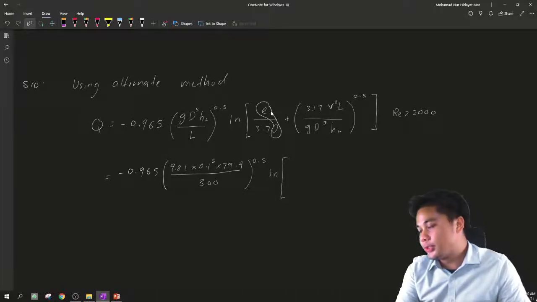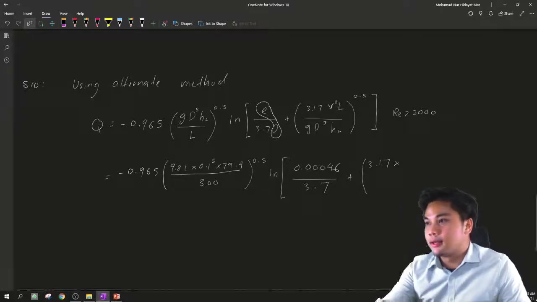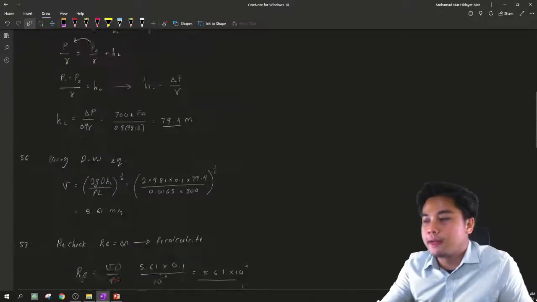So just substitute here: 0.00046 over 3.7 plus 3.17 multiplied by the kinematic viscosity, which is given here as 10 to the power of negative 5.